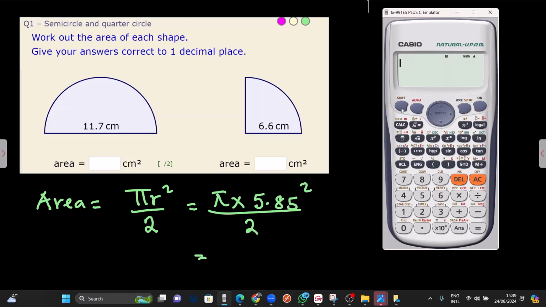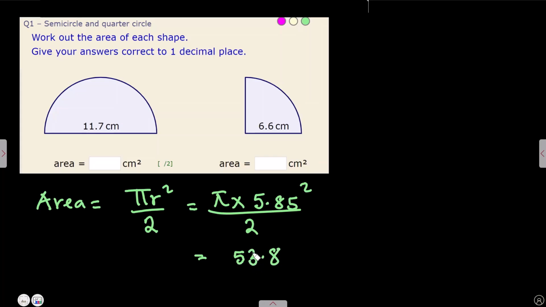You do pi times 5.85 squared, and you divide this by 2, and that's going to give you 53.756, but to one decimal place that will be 53.8, and the unit is centimeters squared. So actually the answer here is 53.8.